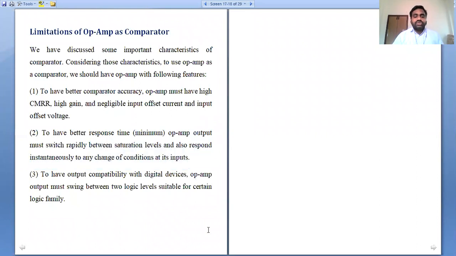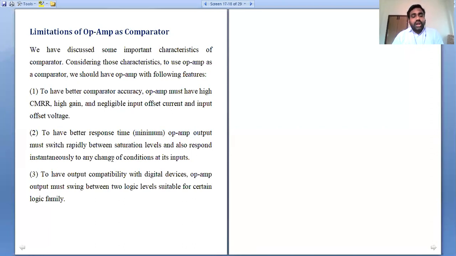So the comparator should have proper accuracy, high CMRR and a proper gain. We also discussed negligible offset currents and offset voltages, and minimum response time. The saturation value has to respond instantaneously with respect to inputs.